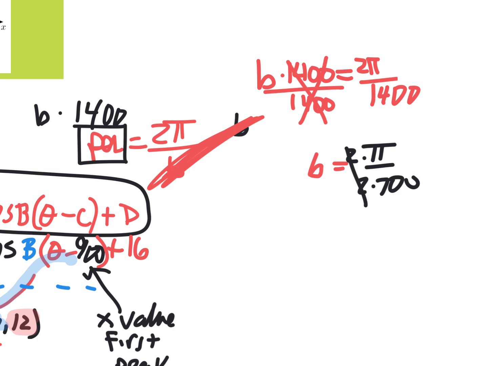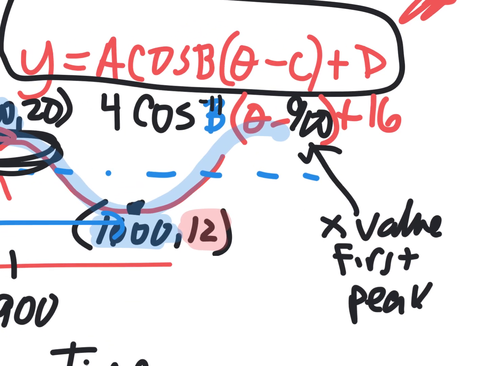Okay, so that goes right here, pi over 700, and that is an equation that, and here's the cool part, you could give me any time, and I could tell you exactly how high the water would be. So if I gave you a time, and we put it there, then we'd know exactly how high the water would be.